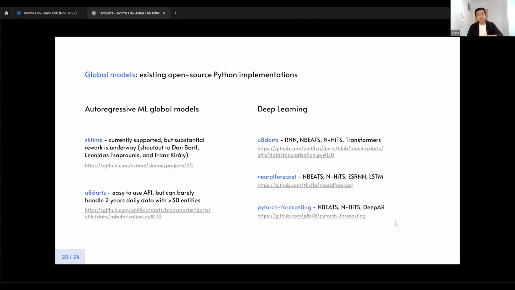For deep learning, there are a few other alternatives. I know that sktime, there was a fantastic talk yesterday, is working on refactoring its base class. Looking forward to seeing where that goes in sktime. But a few more full libraries on the deep learning side at the moment are Unit 8 Darts, NeuralForecast from Nixtla, and also PyTorch Forecasting. In my opinion, the best implementations right now are in PyTorch Forecasting.